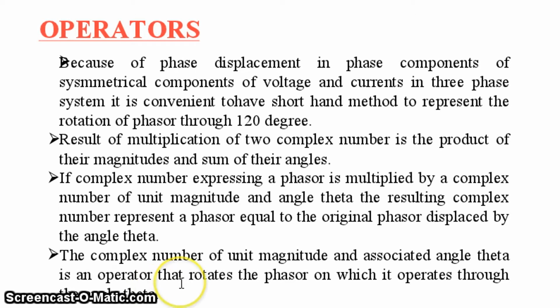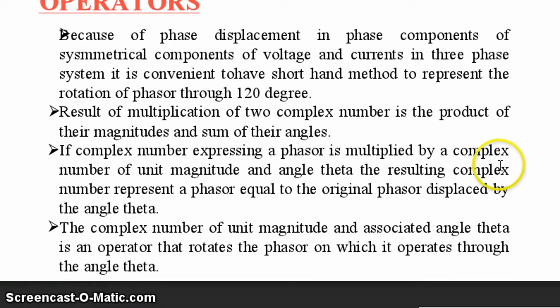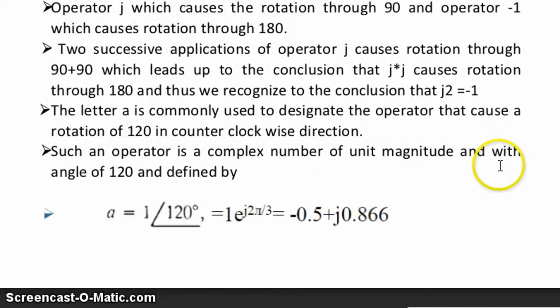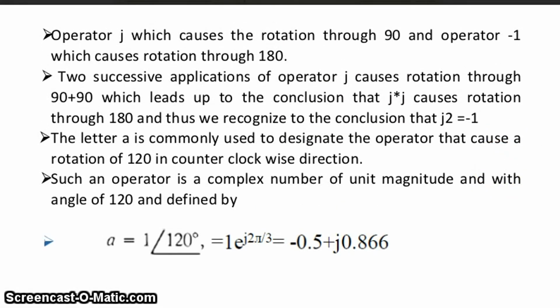Now we all know about the operator j. The operator j causes a rotation through 90 degrees in the anti-clockwise direction. The operator -1 causes a rotation through 180 degrees; basically j squared is equal to -1.